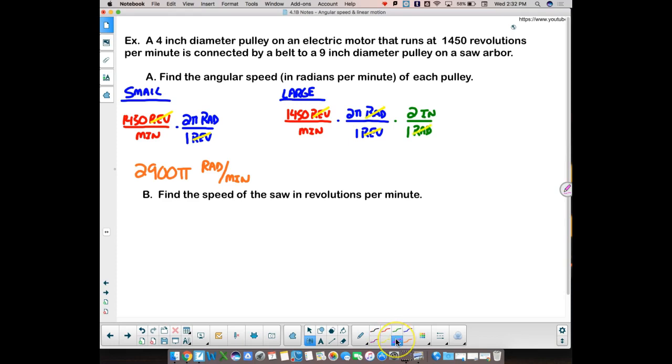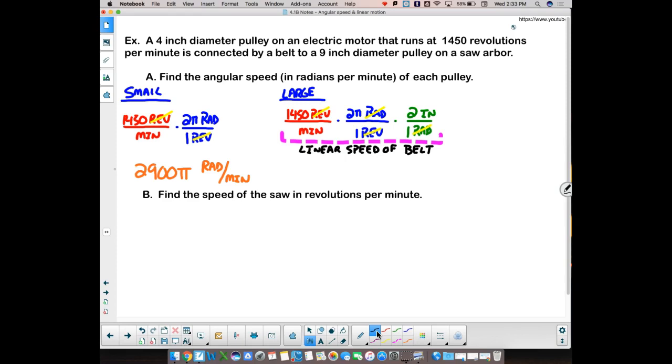So all of this was to get me the linear speed of the belt. Okay? So that's how fast the belt is going.